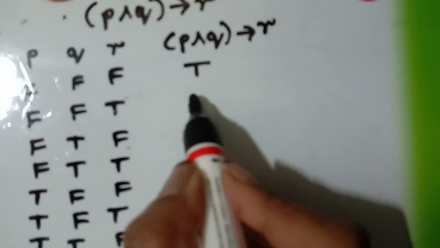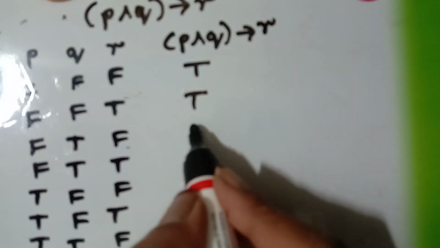Now P and Q both false, so the outcome of P and Q is false. Now false implies true, so the outcome is true. Now false and true, the outcome is false. False implies false, again the outcome is true.